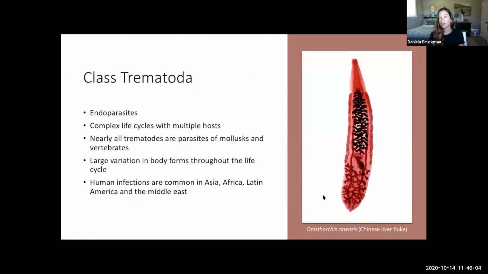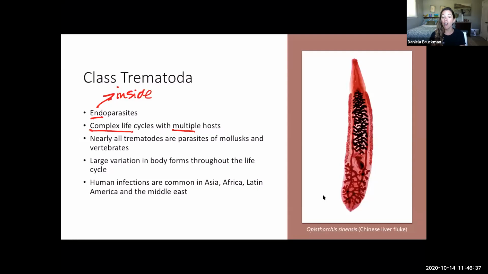We have another class of parasitic flatworms, and they're known as trematodes. And the trematodes, rather than being ectoparasites, they are endoparasites. Remember, endo means inside. So they're going to be parasitizing the inside of their host's body. In contrast to the monogeneans, the trematodes have quite complex life cycles with multiple hosts.